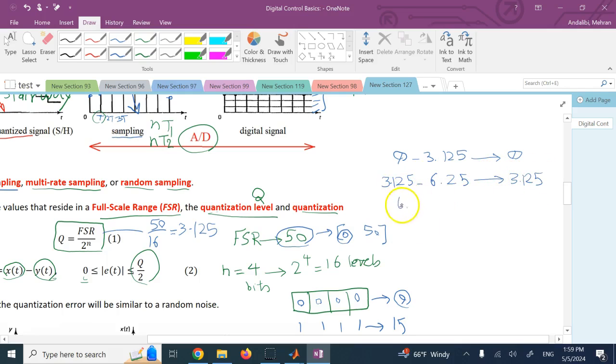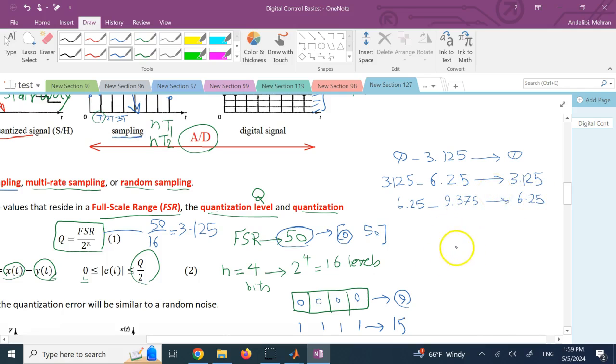Any number between, let's say, 6.25 and 3 times that, which is 9.375, correct? And so on and so forth, right?